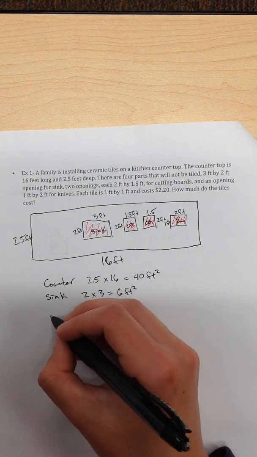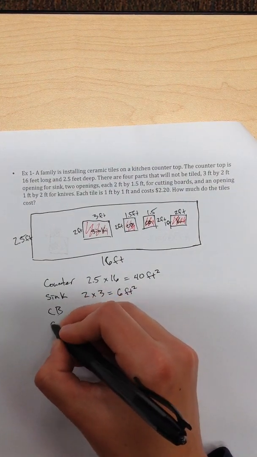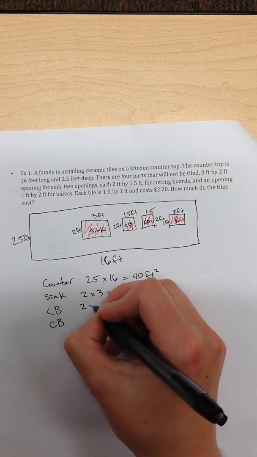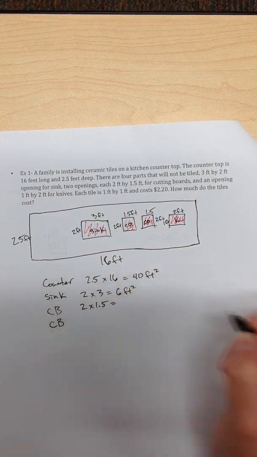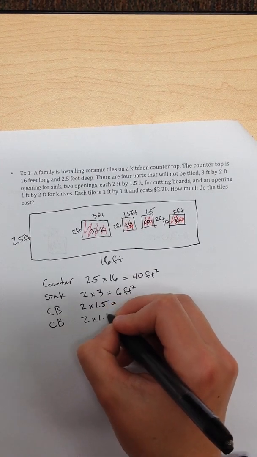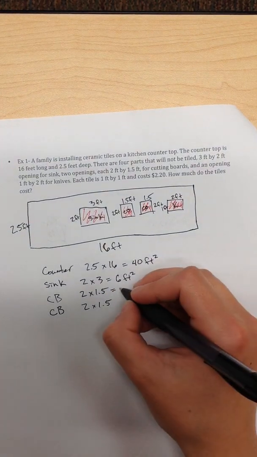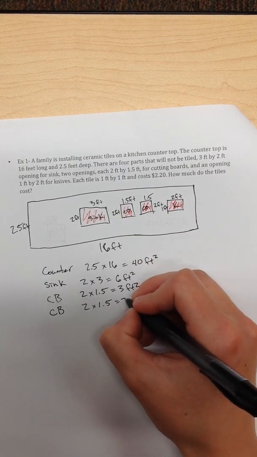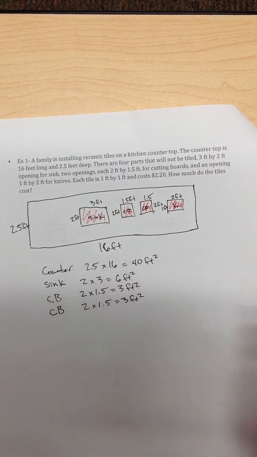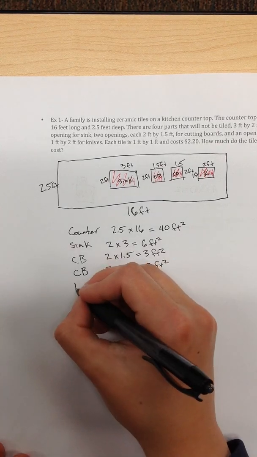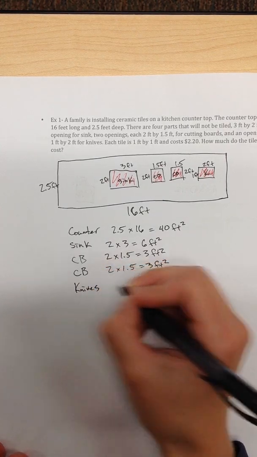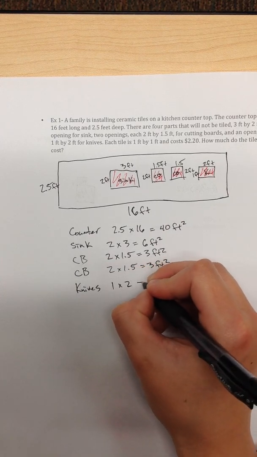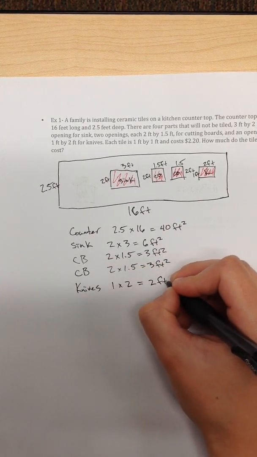And then we've got 2 cutting boards that are both 2 by 1.5. So 2 times 1.5 and 2 times 1.5, that both comes out to be 3. So 3 square foot. And then last we've got knives there. And our knives are 1 foot by 2 foot, so 1 by 2, which would multiply to be 2 square foot.